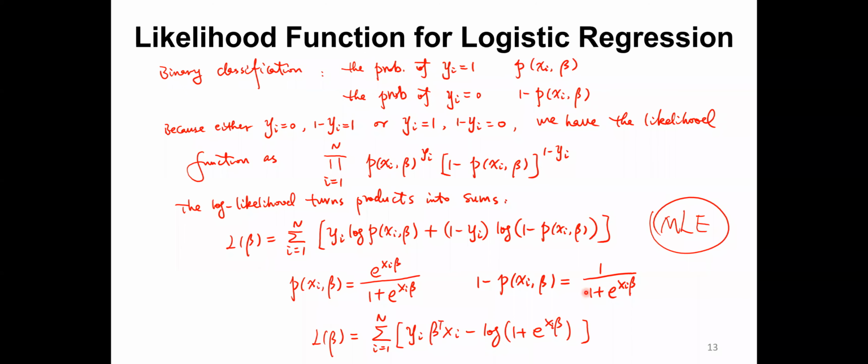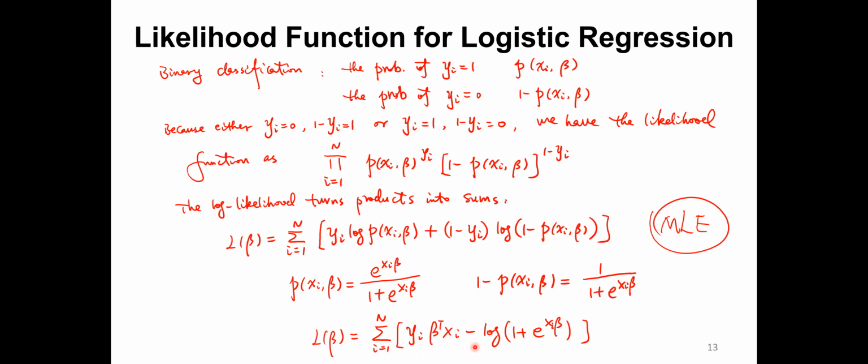And 1 minus p is this term. So if we put these two into this equation, you put 1 minus p into this one, and put this into here, and then you expand it. It will become yi times beta transpose x minus log, this term. Now we have the likelihood function.